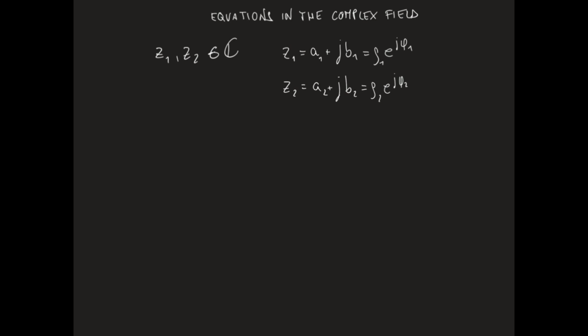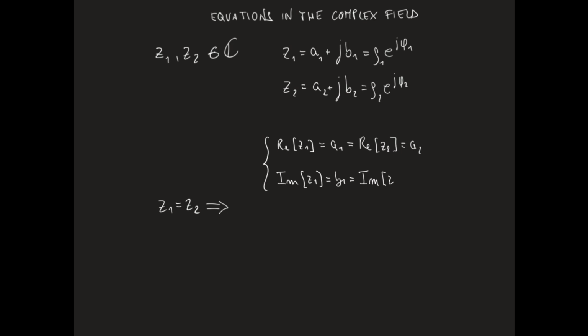So when we write an equation like z1 equal to z2, what we actually mean is that the real part of z1, which is a1, must be equal to the real part of z2, which is equal to a2, and that the imaginary part of z1, which is b1, must be equal to the imaginary part of z2, which is equal to b2.